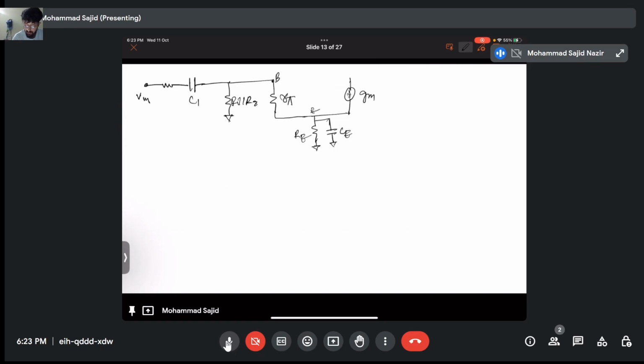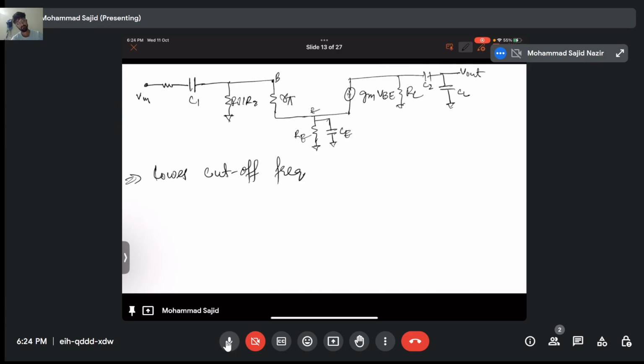Let's call it B. So this will be B. Okay, so this is the complete equivalent circuit for the lower cutoff, which depends on C1.